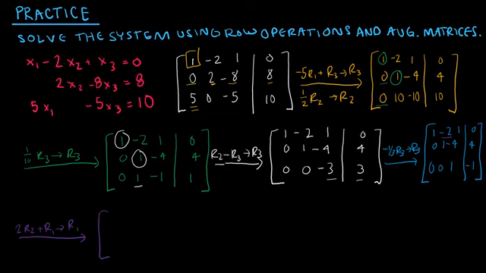So that gives me 2 times 0 plus 1, 2 times 1 plus negative 2, 2 times negative 4 plus 1, and then 0. Oh, no, just kidding, 8. 2 times 4 is 8 plus 0 is 8. And then my second row I haven't done anything to. And my third row, 0, 0, 1, negative 1.